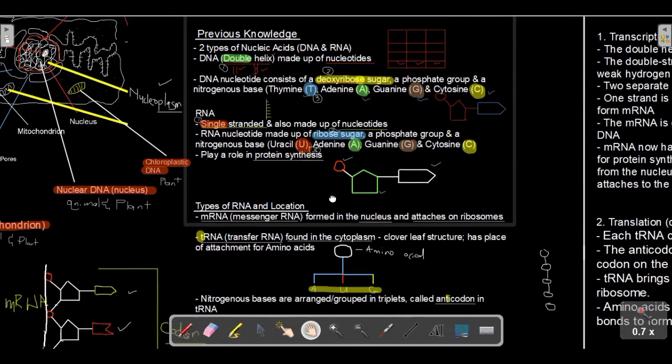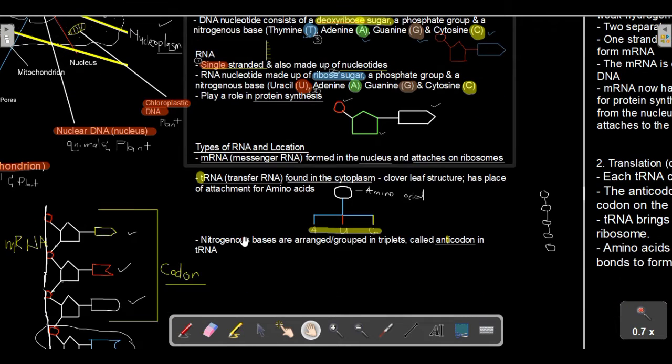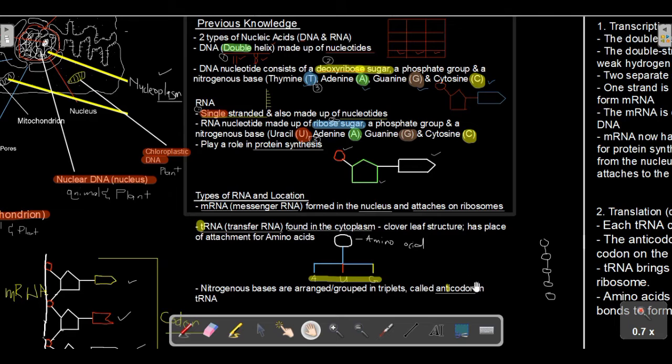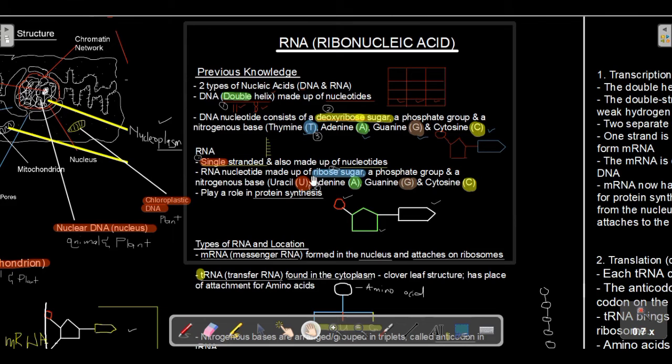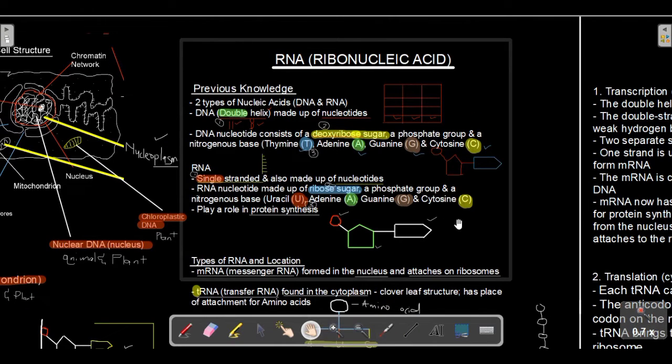The location, okay, know where mRNA is formed, know where tRNA is found, and know which codons or anticodons are associated with what RNA. Know its structure, the structure of the RNA itself and the structure of its nucleotides. Note the differences between DNA and RNA.